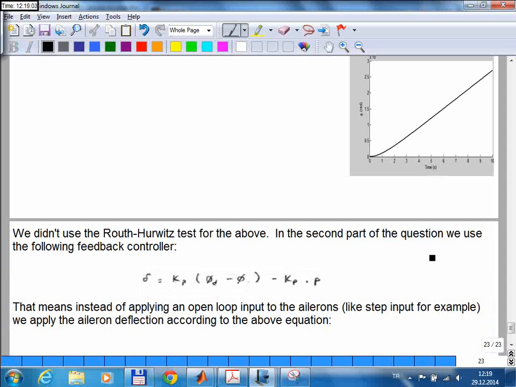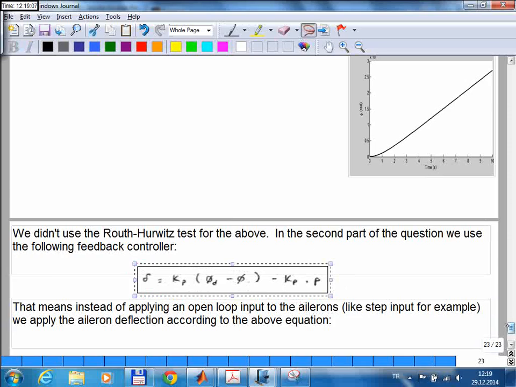So this is the equation used for the controller.